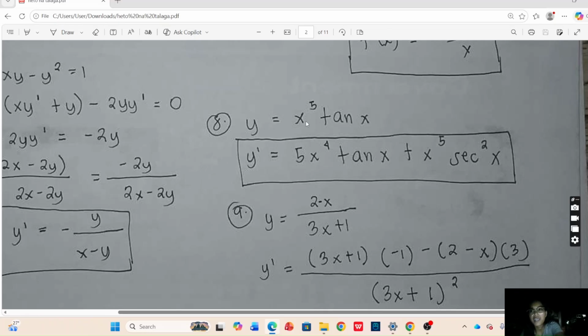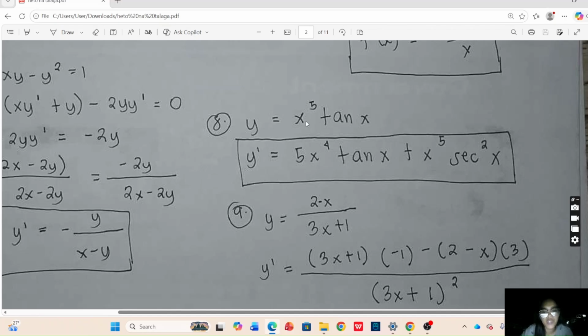We have our number 8. So y is equal to x raised to 5 multiplied by tangent x. For this kind of problem, since we've encountered this since number 4, we have to apply the product rule.